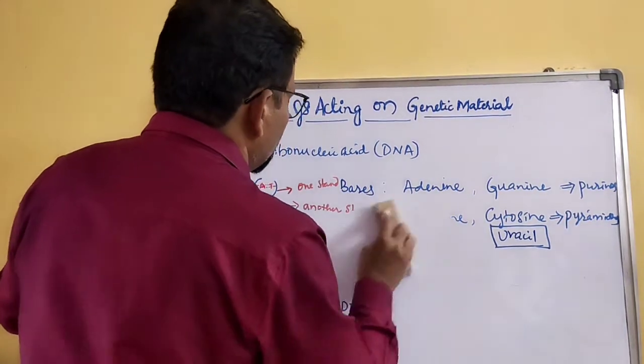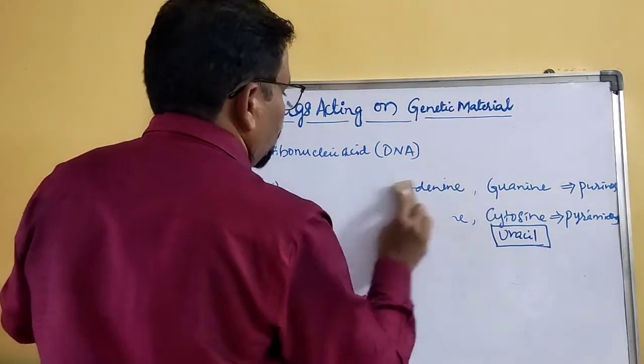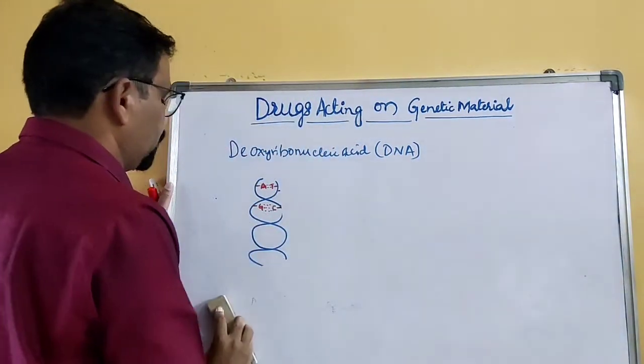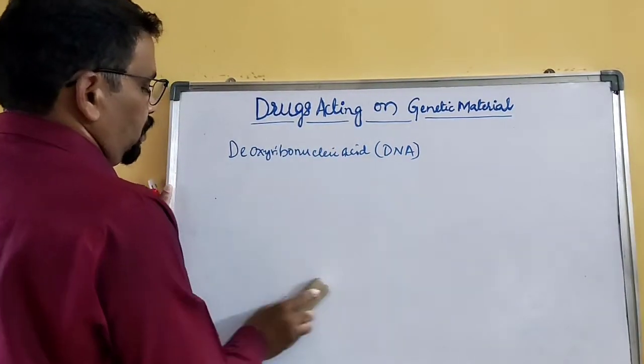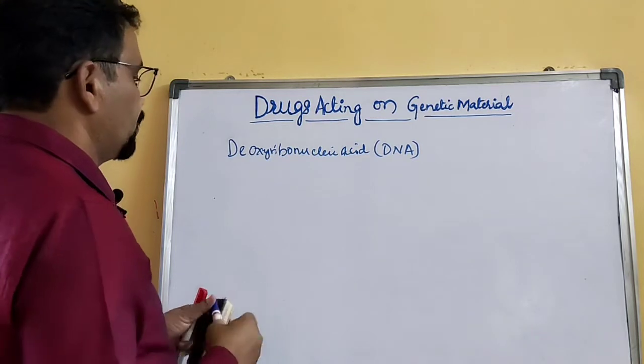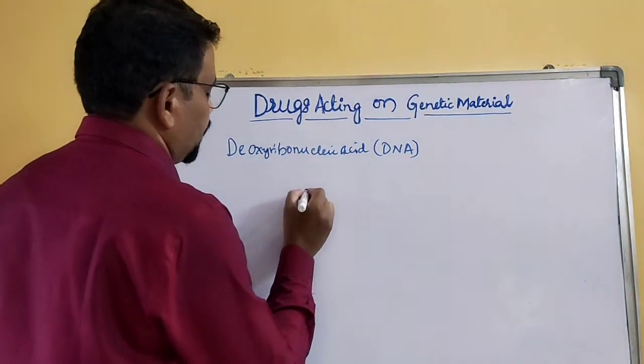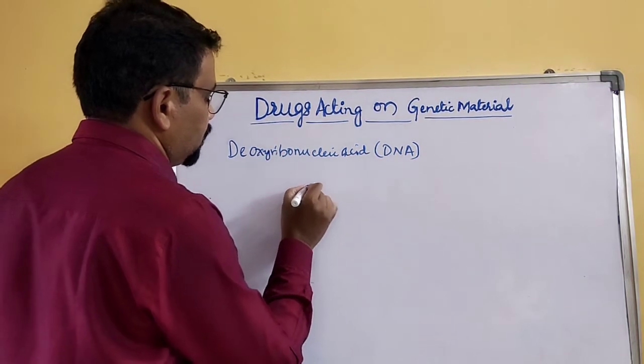Now let me give you the structures of adenine and guanine. Adenine and guanine are like this.